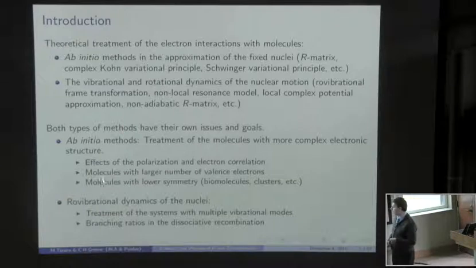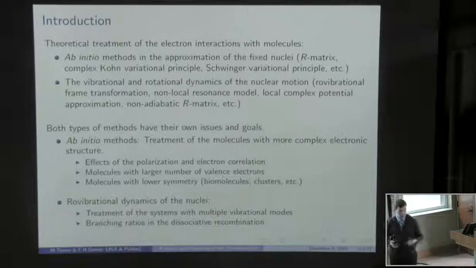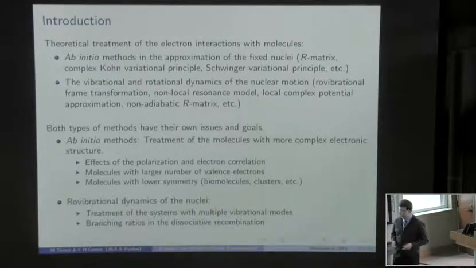For example, the ab initio methods aim to treat more complex molecules with more complicated electronic structure, polarization effects, larger number of valence electrons or molecules that have lower symmetries, and so on.